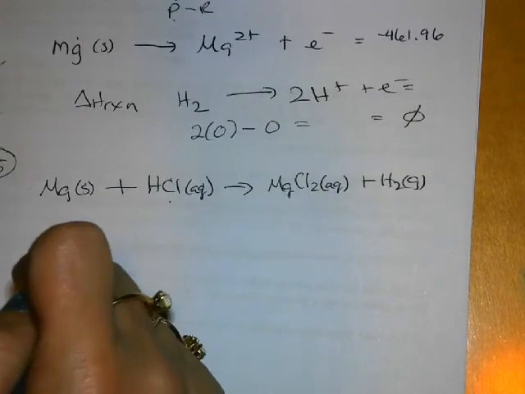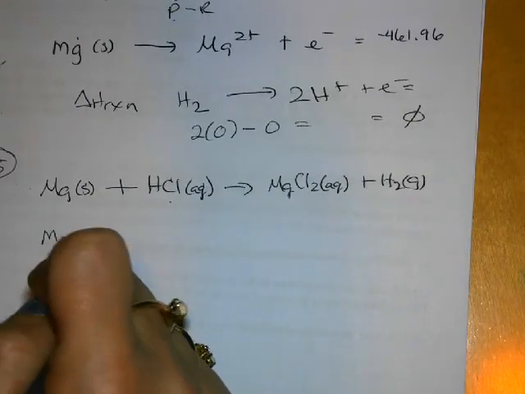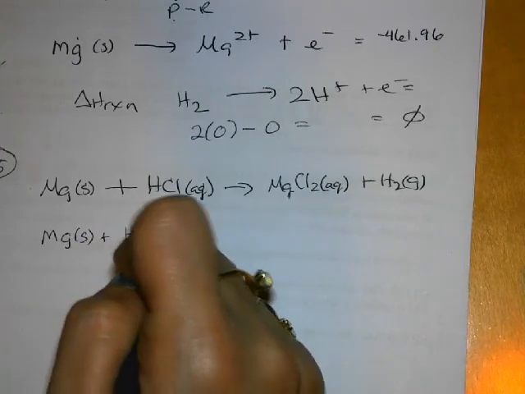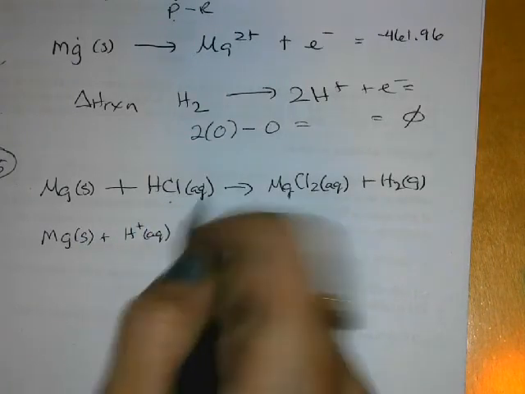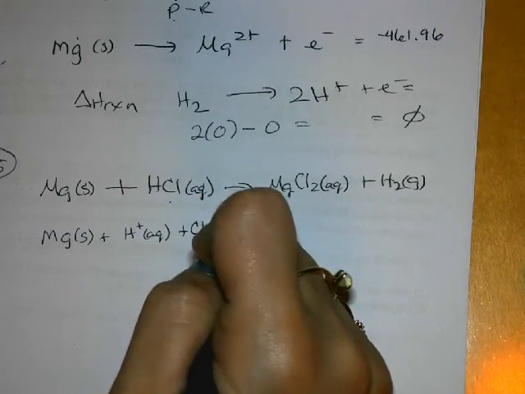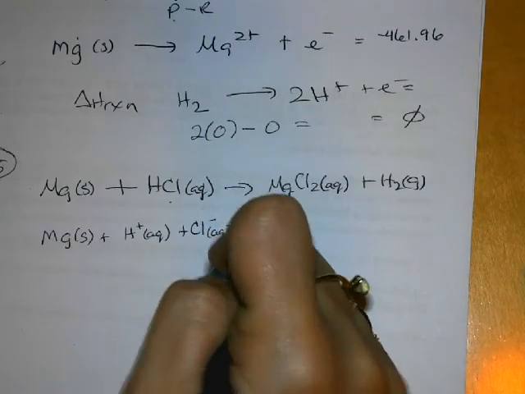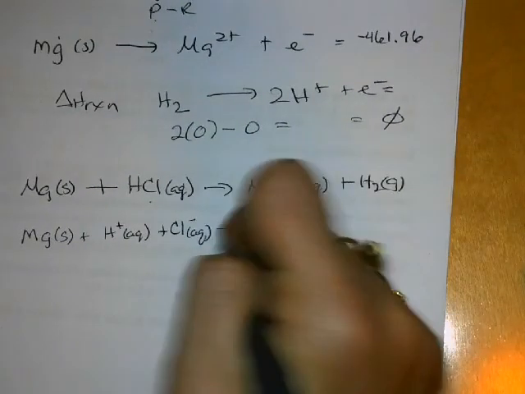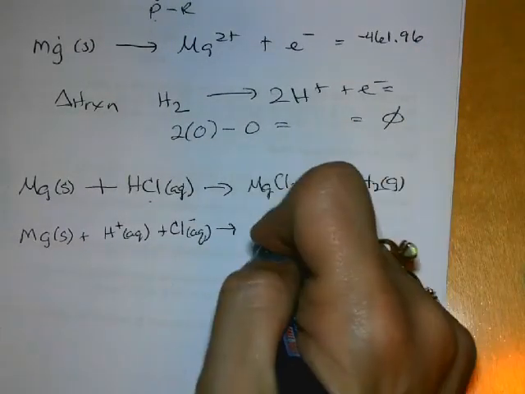So here we go. We have Mg, solid. We're going to write it all as ions. H plus aqueous plus Cl minus aqueous. And you guys should not know how to do this. That's why I was just doing it for you and had you copy it on the board. But let's go ahead and learn this. We're going to learn it anyway sooner or later.